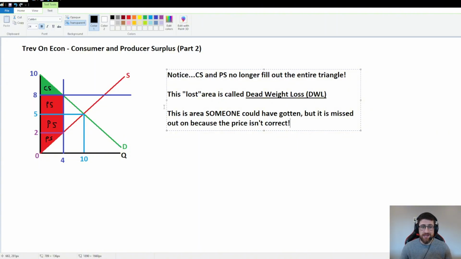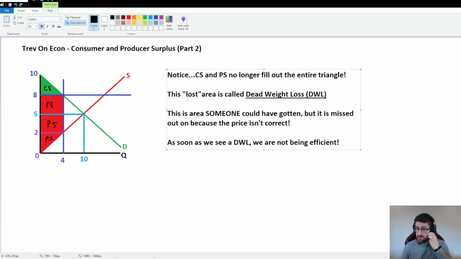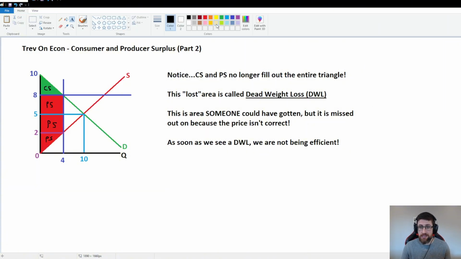So because we have a price that's effectively too high in this case, what we end up with is, oh no, we've actually lost some benefit that could have gone to someone, producer or consumer, and because of that, as soon as we see a DWL, we are not being efficient. There is literally lost area that someone could have captured, but because of the circumstances, it's gone.